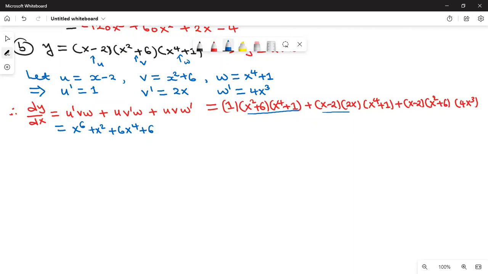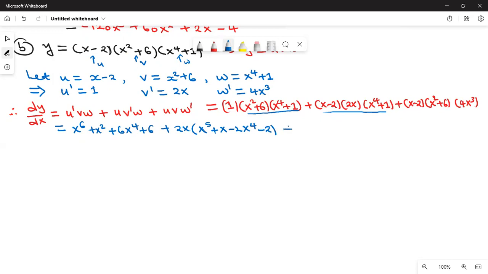What about the second term? I can see there is plus, of course, 2x outside into x raised to 5. I'm multiplying by x minus 2. X raised to 5 plus x, then minus 2x raised to 4 minus 2.